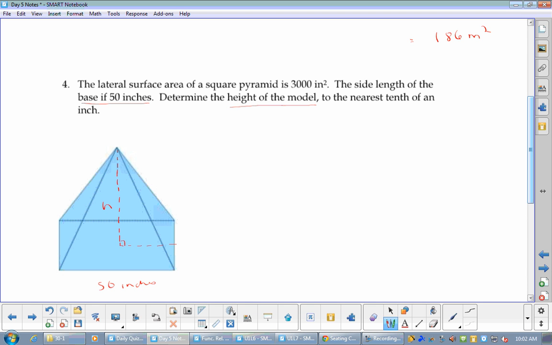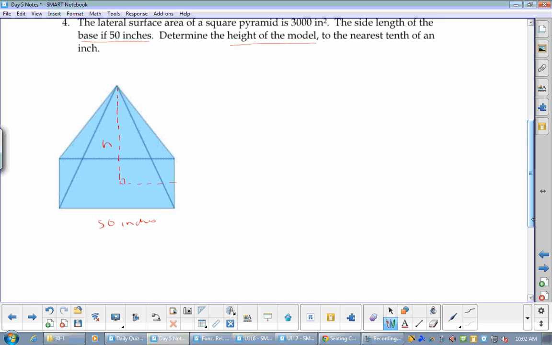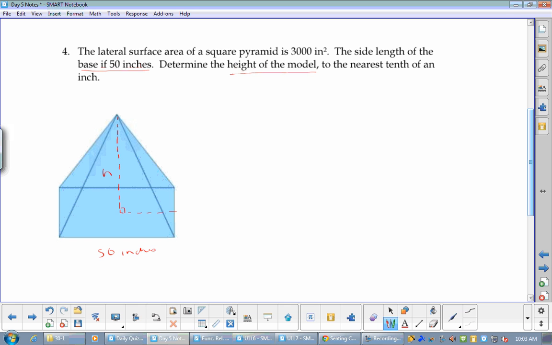What should we do? Be a little bit more specific. What should I start with? Okay, help us out. That would work if all those triangles were identical. Is it? Right.